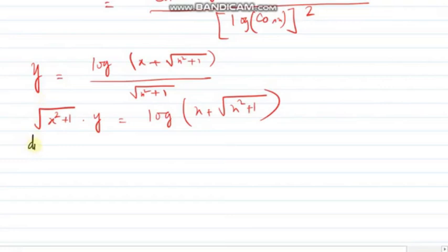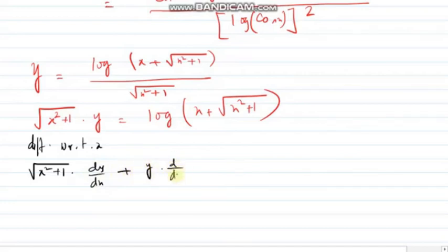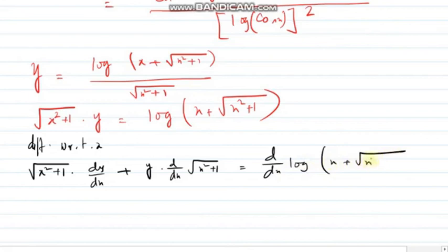So now if I differentiate with respect to x, check the left hand side. Root over of x square plus 1 into dy dx plus y into d dx of root over of x square plus 1. This will be equal to d dx of log of x plus root over of x square plus 1. Sorry, this bracket won't come here.